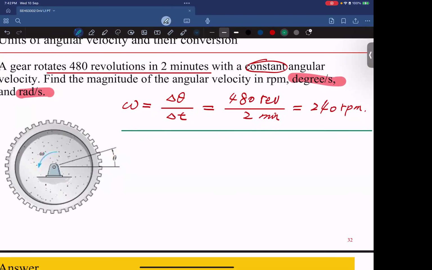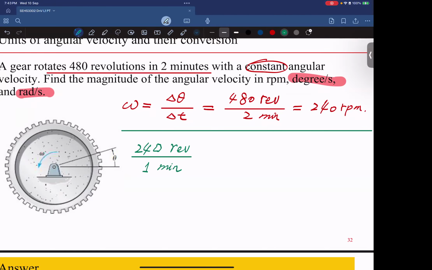So how to do the conversion? If it is 240 RPM, we can write it like this: revolution over minute. Per minute means each 1 minute.